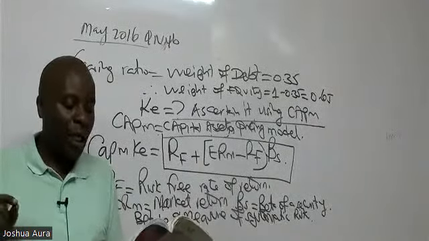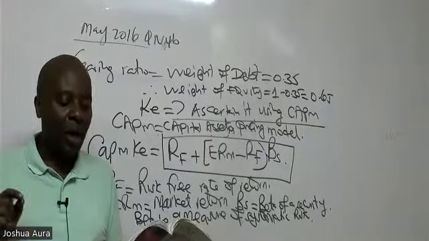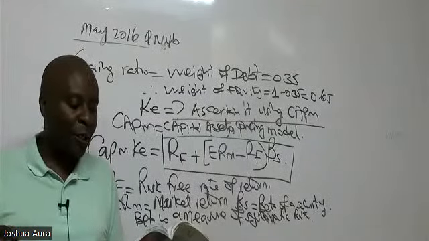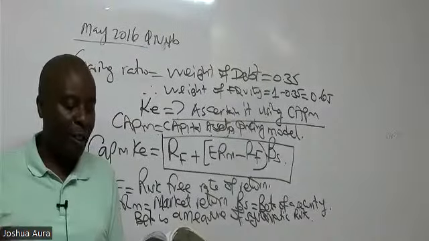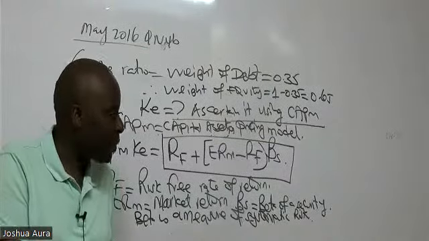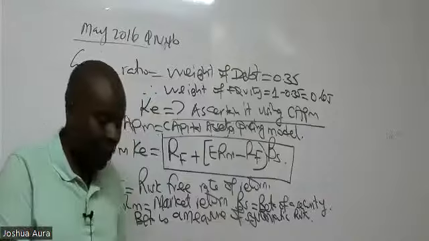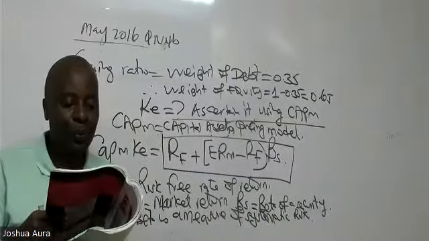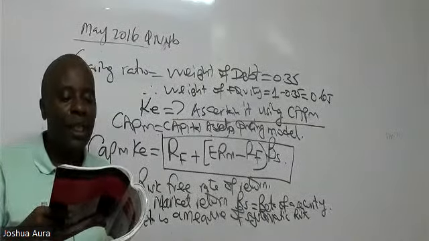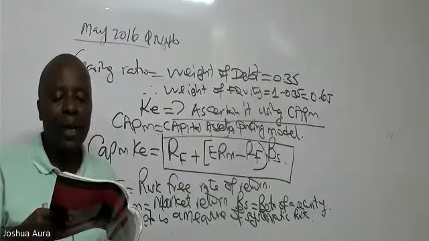After the acquisition of Tiny Limited, Huge Limited would have a cost of debt of 7.4% before tax and a beta of 1.6. I can see beta there. Beta has been provided, 1.6. The risk-free is 6%, and the return on the market portfolio is 11%.